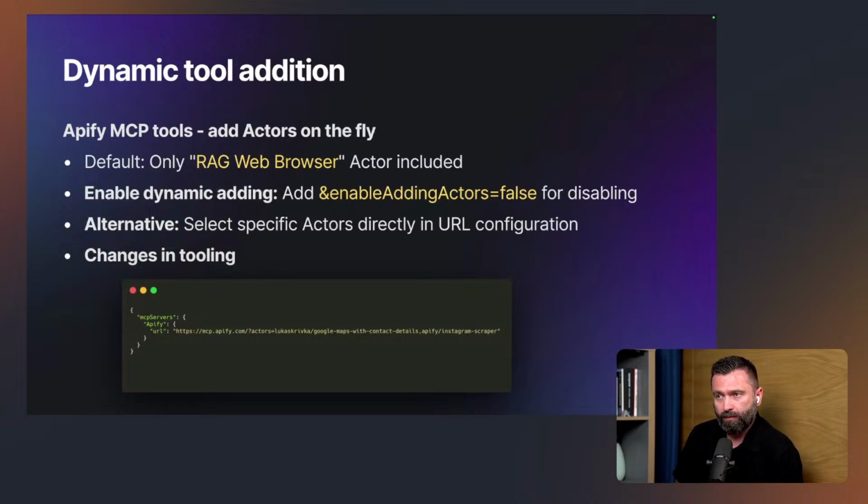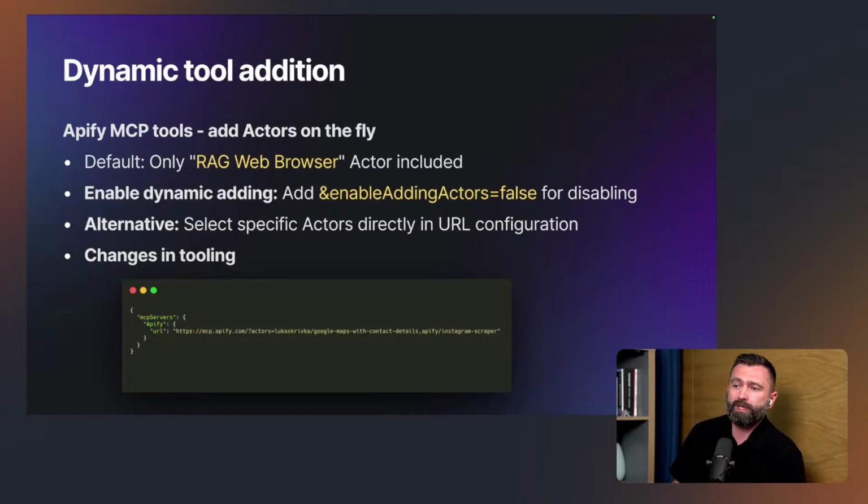First, it will search for the actor for Instagram. Then it will add it as a tool to our MCP server, and third, it is used with your query. If you don't want to enable adding actors, you could set the parameter to false in the URL, and the dynamic tool addition will be disabled.